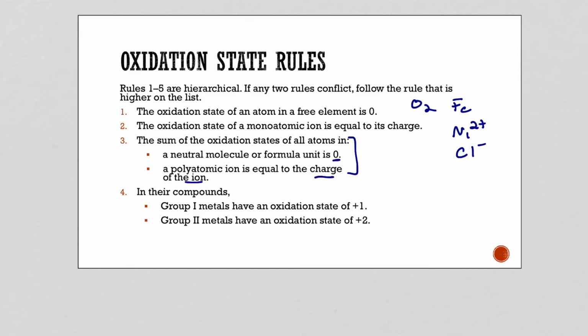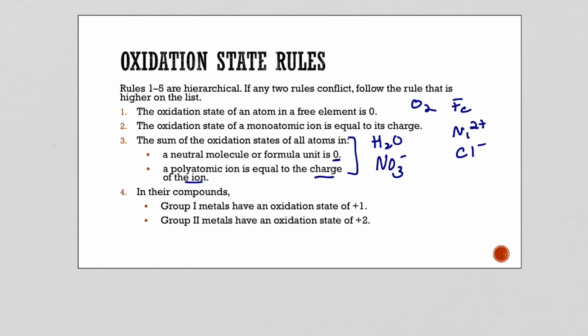So for example, if I have nitrate ion, then the oxidation states on the 3 oxygens and the nitrogen added all together must add up to -1. If I have something like water, the oxidation states on the 3 atoms must add up to 0. So that's what we mean by that.